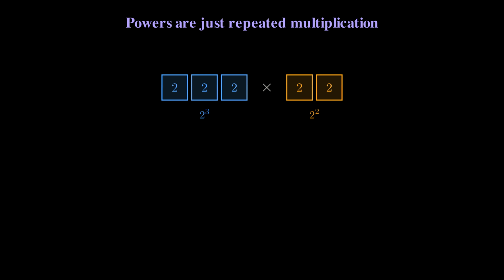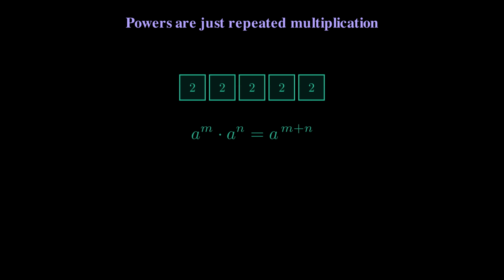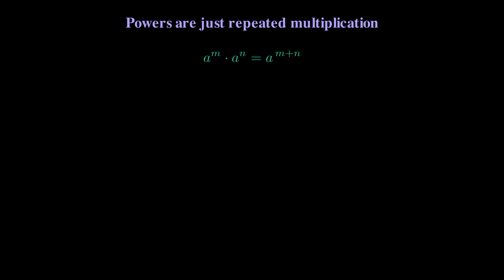Watch what happens when we merge them into one line. 3 factors plus 2 factors makes 5 factors of 2. 2 to the 5th. Nothing was memorized. To multiply powers of the same base, you simply add the exponents.